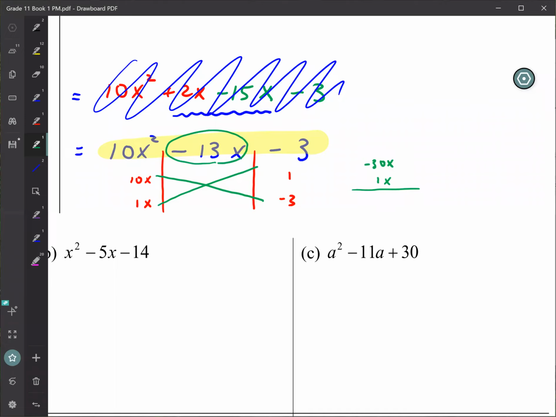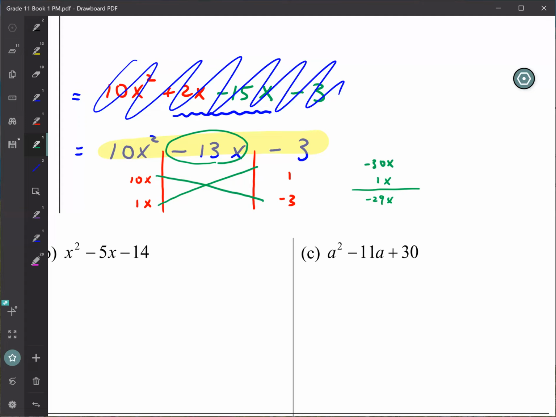After you cross multiply and add together, you want it to equal -13x. So do they add up to -13x, Harry? No. What do they add up to? -29. Yeah, -29, so that's too far off.